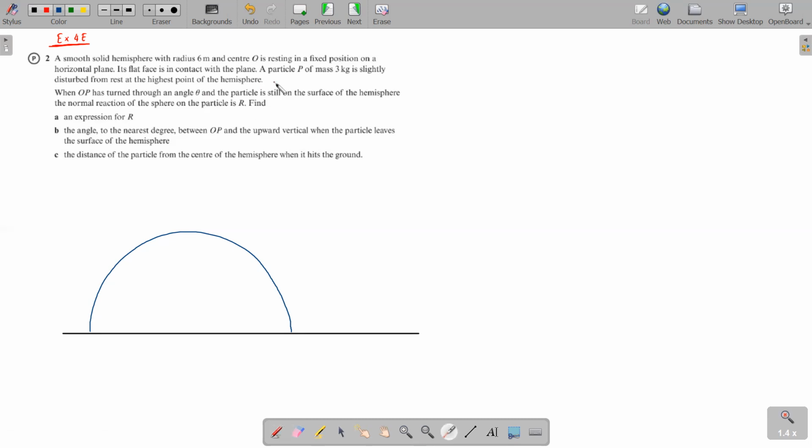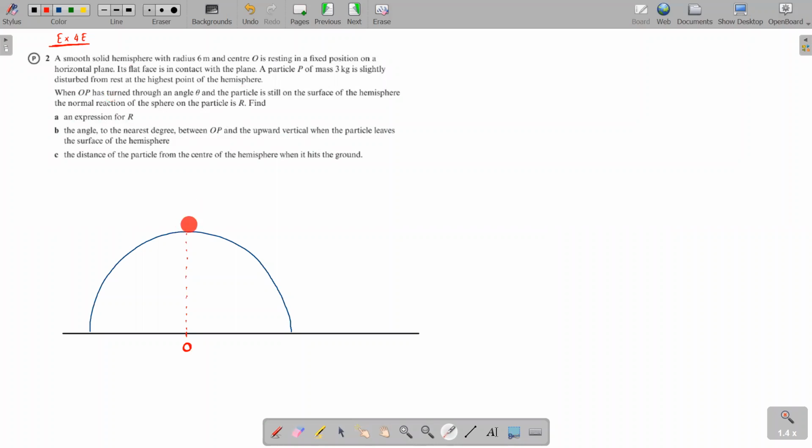They say here the center of the hemisphere is O. The radius is 6 meter. The flat face is in contact with the plane. A particle P of mass 3 kilogram is slightly disturbed from rest at the highest point of the hemisphere.